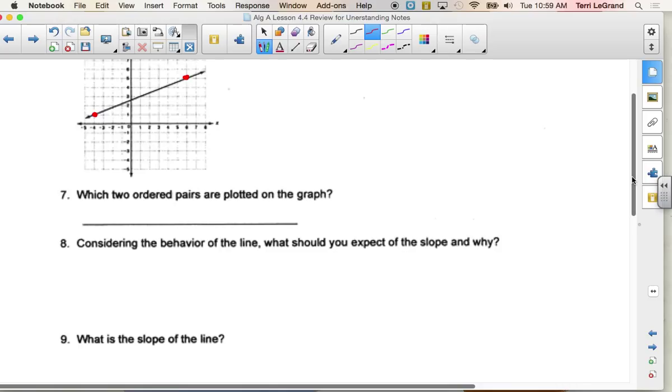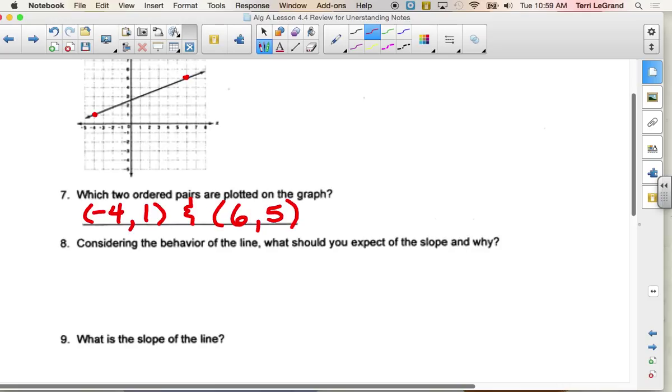What's the first point's name? Stefan? Negative 4, 1. Negative 4, 1, okay. And moving across the graph now, what's the other point that is plotted? What's its name? Isaac? 6, 5. Ordered pair 6, 5, okay.